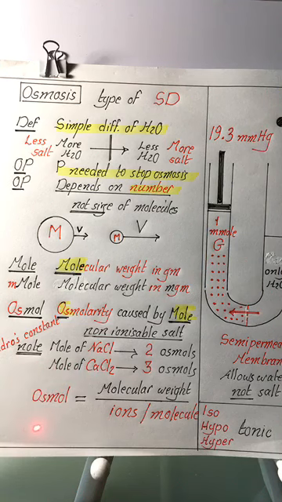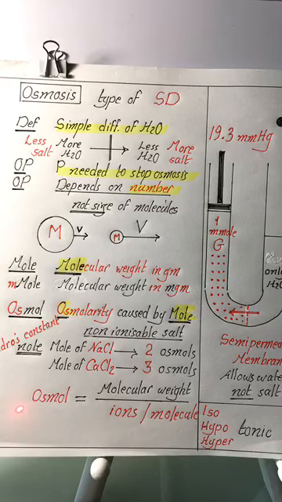Let's put a rule for that. The osmole will equal the molecular weight divided by the number of ions per molecule. In the case of sodium chloride, 1 mole gives you 2 osmoles, so to have 1 osmole, divide by 2. 1 mole of calcium chloride gives you 3 osmoles, so to have 1 osmole of calcium chloride, divide by 3.